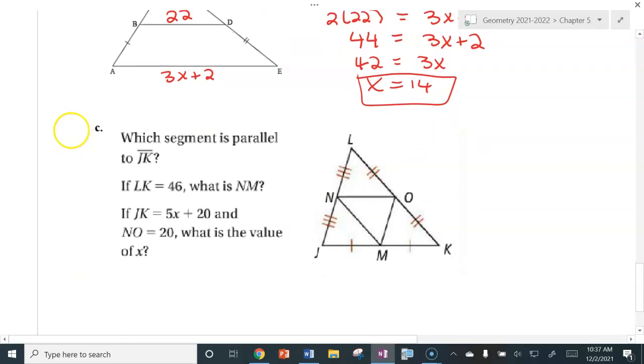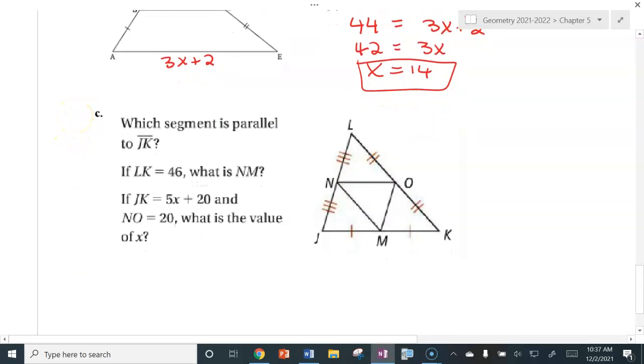All right, we're going to take a look at this last one. Which segment is parallel to line segment JK? Well, I have all these markings, so I know MO is a midsegment. And that means that's the one that's parallel to line segment JK.